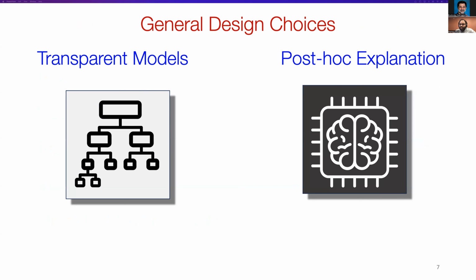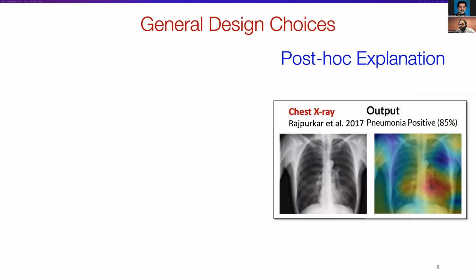Now, what are the general design choices? Practitioners actually have to decide between two choices. They first create a black box and explain it in a post hoc manner, or they go with interpretable by design, transparent models. Examples of post hoc explanations are feature attributions.